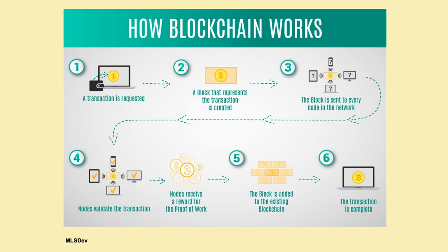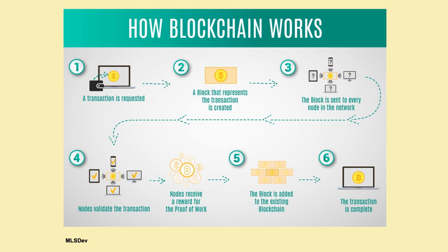If the information matches based on the specific terms of reference for that type of transaction, once it matches, they then validate that yes, this is a valid cryptocurrency transaction, or this is valid information, and then they broadcast that to the network.